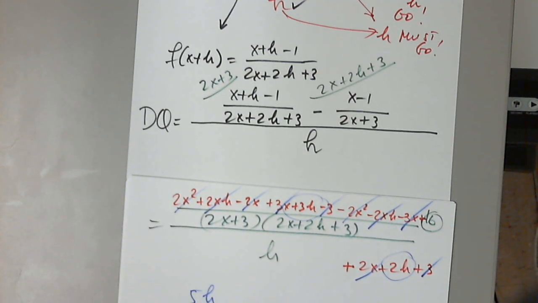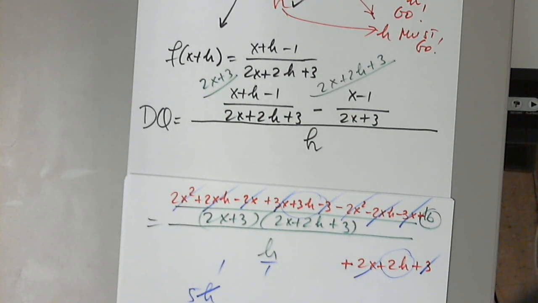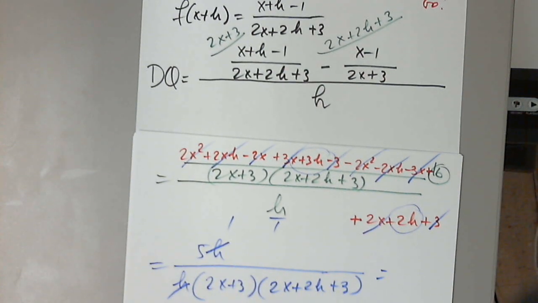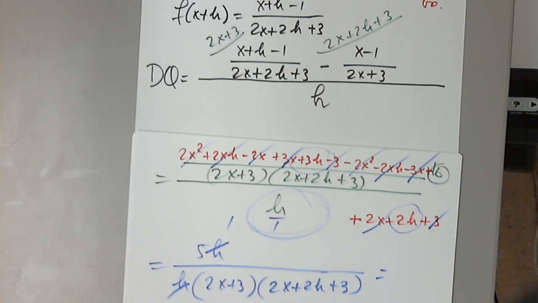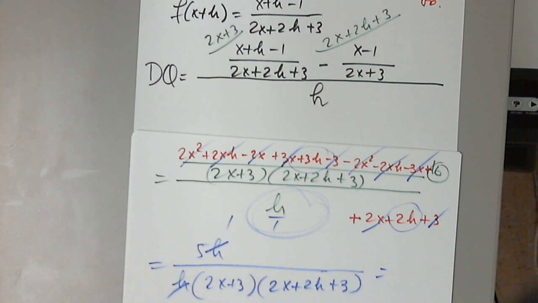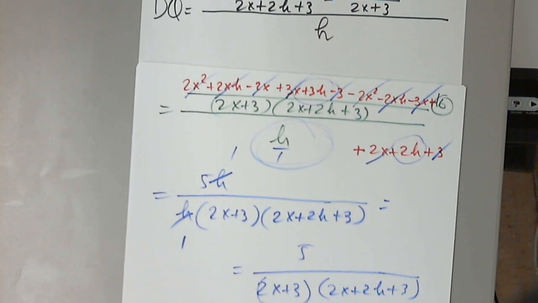So 5h over, I flip the denominator, h, 2x plus 3, 2x plus 2h plus 3. I simplify. And there is still h left in the denominator, but not this one. That one went away. So this is the difference quotient fully simplified for a rational function.